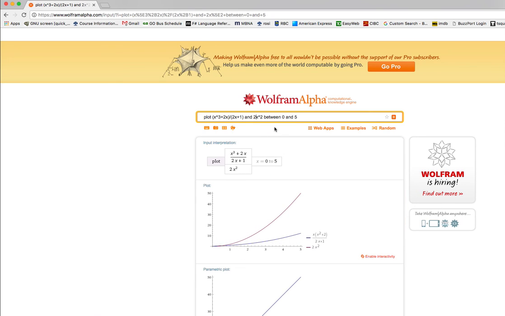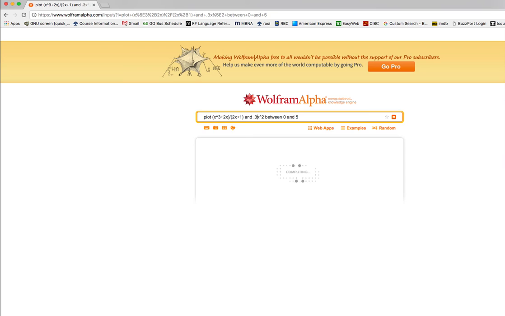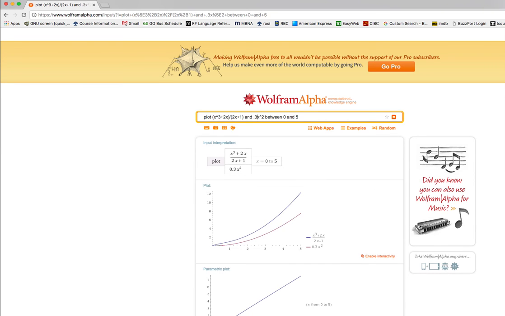But the problem comes when I choose a value of c that happens to be less than half. So let's put maybe 0.3 here. If I put 0.3 there, then the red function at this point starts to behave as a lower bound. It's not acting as an upper bound anymore, and this is because I have violated the inequality of c being greater than half.